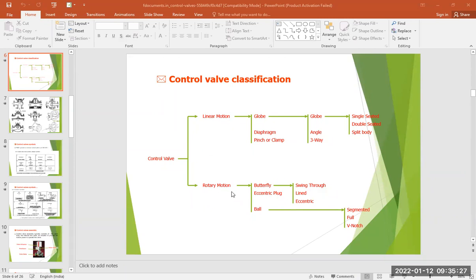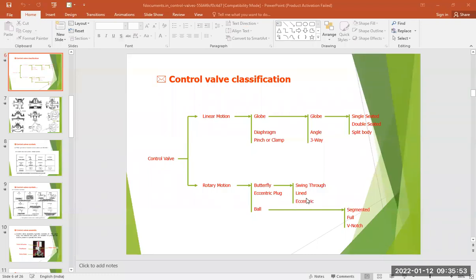And the rotary motion control valve is classified into butterfly type and ball type. The butterfly or eccentric plug type is classified into swing type and lined or eccentric type.